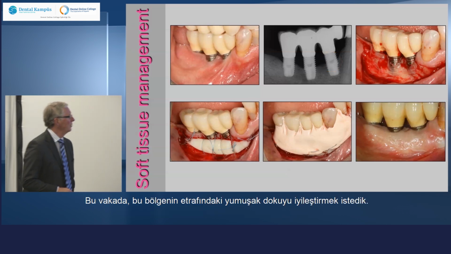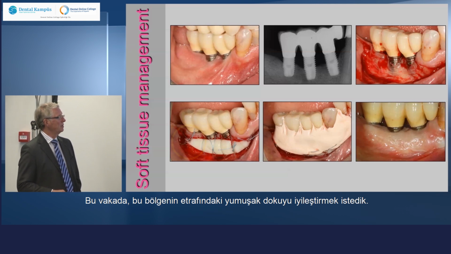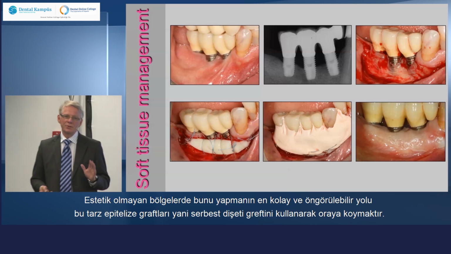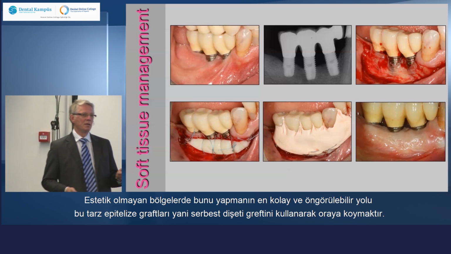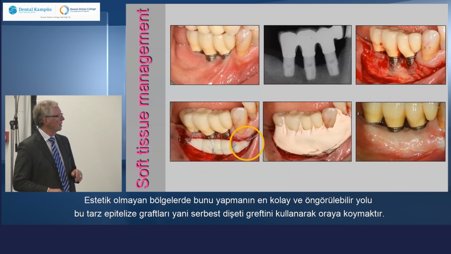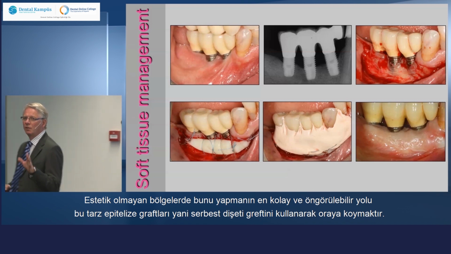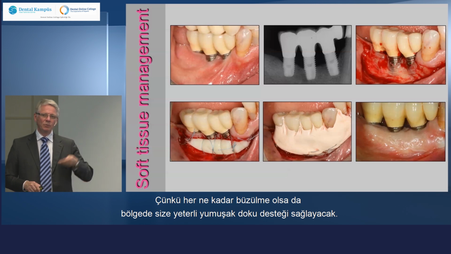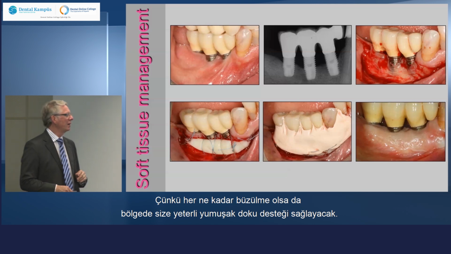In this case, we wanted to improve the soft tissue around this area, and to do that in those non-aesthetic areas, the easiest and most predictable way to do it is to use one of those epithelialized grafts, a free gingival graft, and put it down there, because even if you have some shrinkage, it will give you adequate soft tissue in the area.